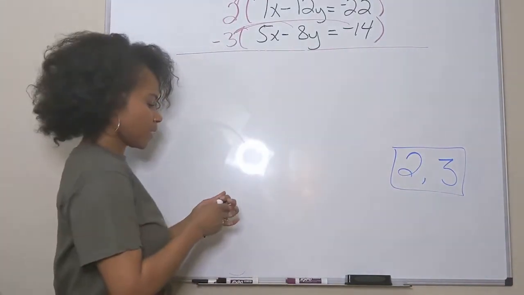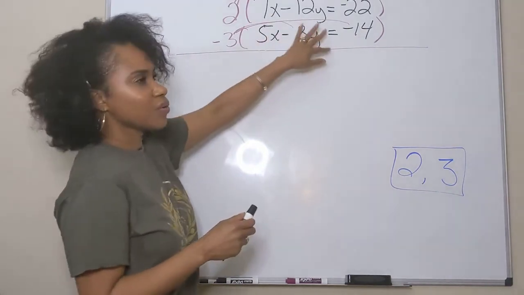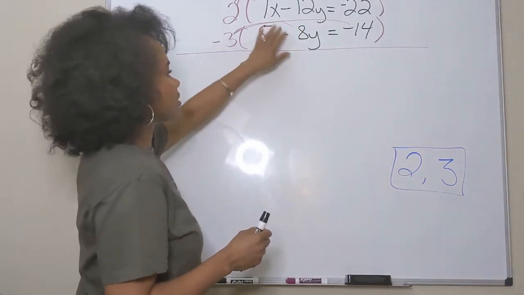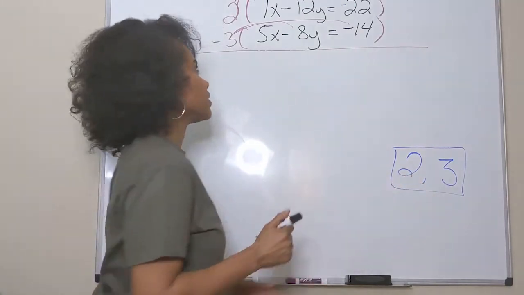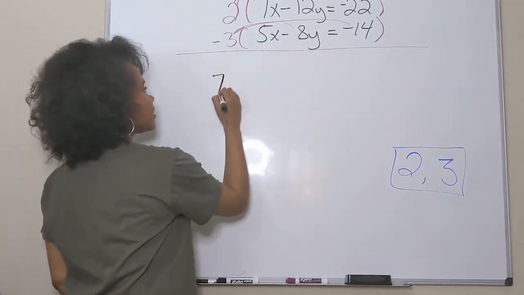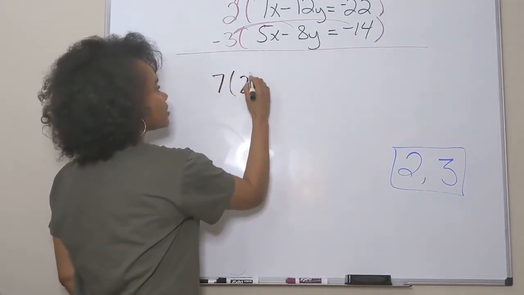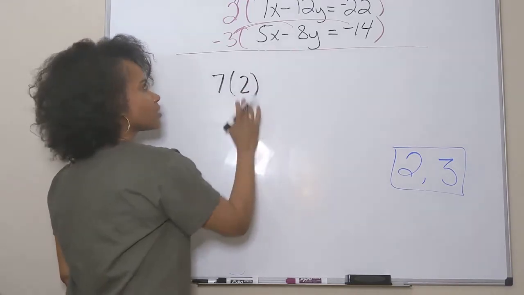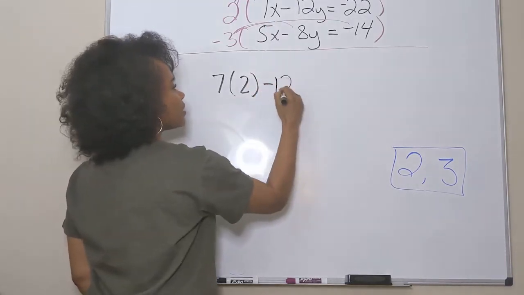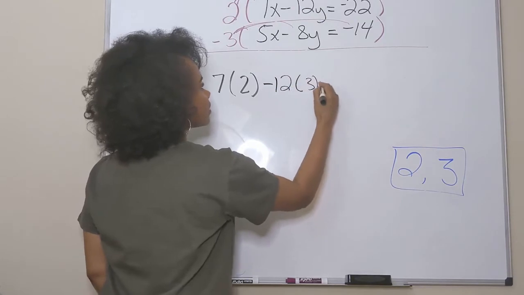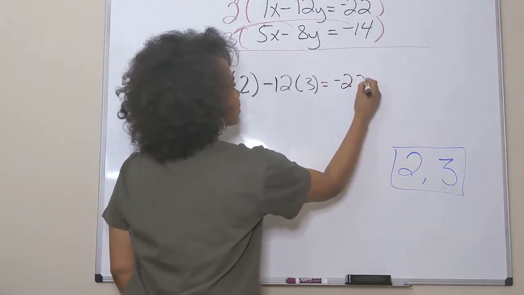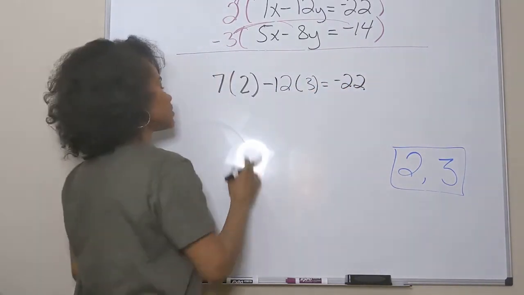I'm going to plug it into my original equation before I multiplied it. So x is 2, y is 3. And let's see if it's going to equal negative 22.